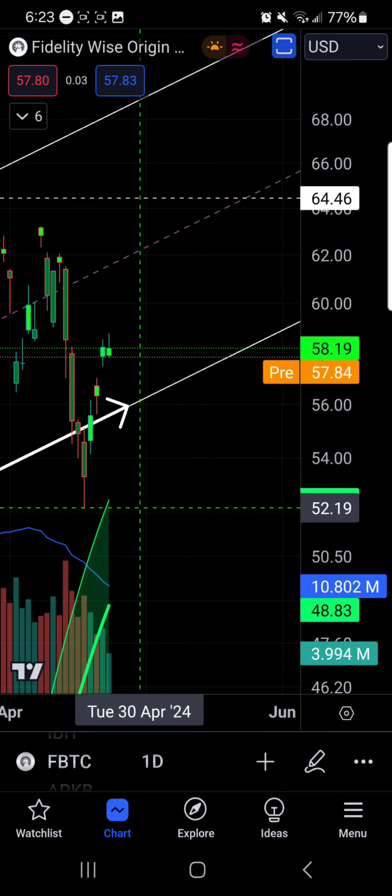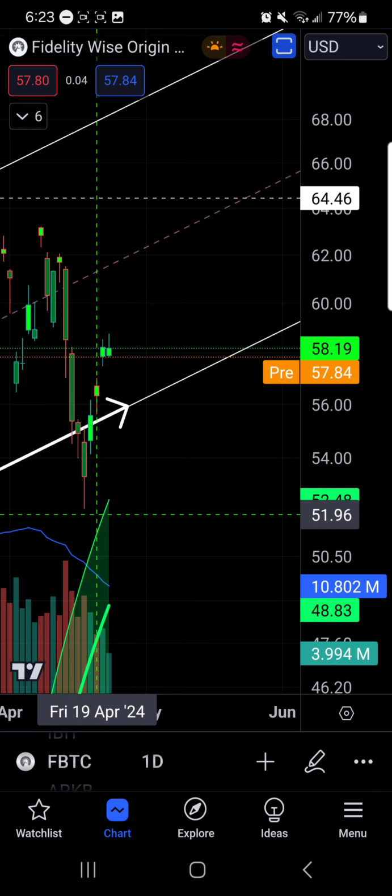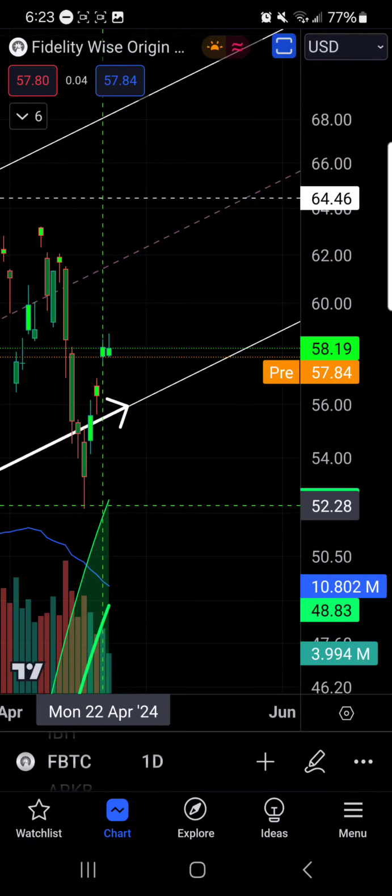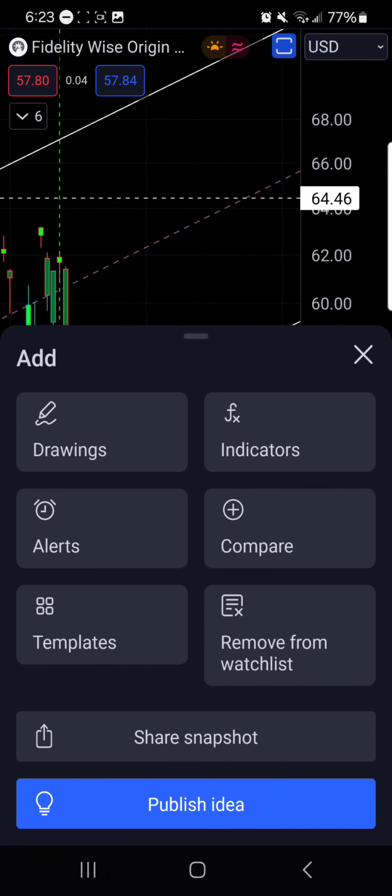I'm going to erase that because I'm going to take 52 over to next week. And as you can see from where my cursor is to where the previous low is, this right here is pretty much parallel to this line right here. Let me just draw a trend line right there.